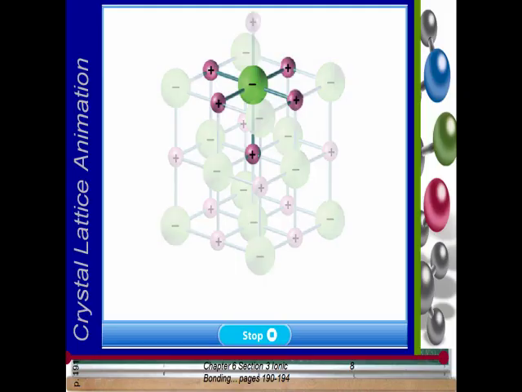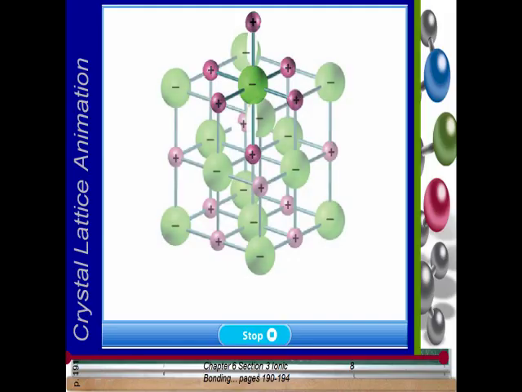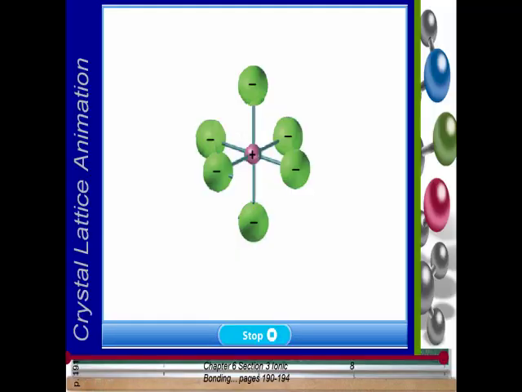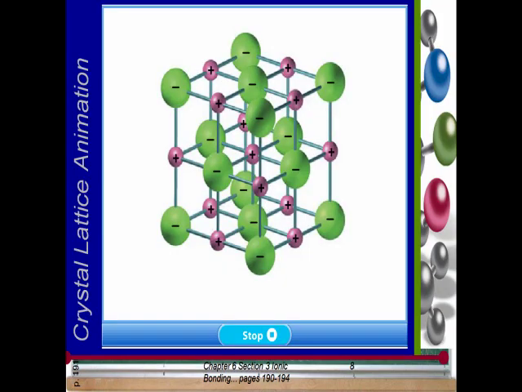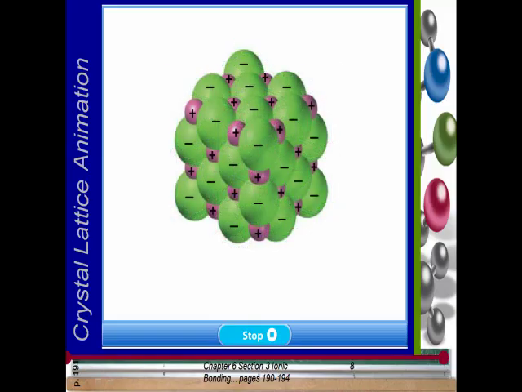Chloride ions attract as many sodium ions as possible. Similarly, sodium ions attract as many chloride ions as possible. In this way, the charge on each ion is balanced as evenly as possible by the surrounding charges on its neighbors. The ions pack together, producing a regular, infinitely repeatable structure called a crystal lattice.